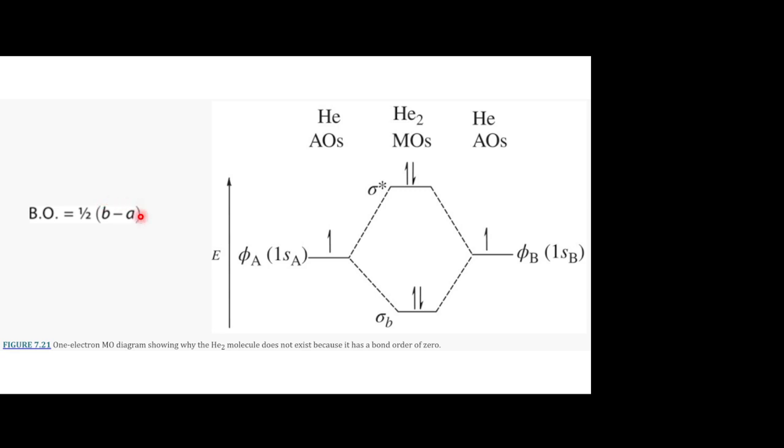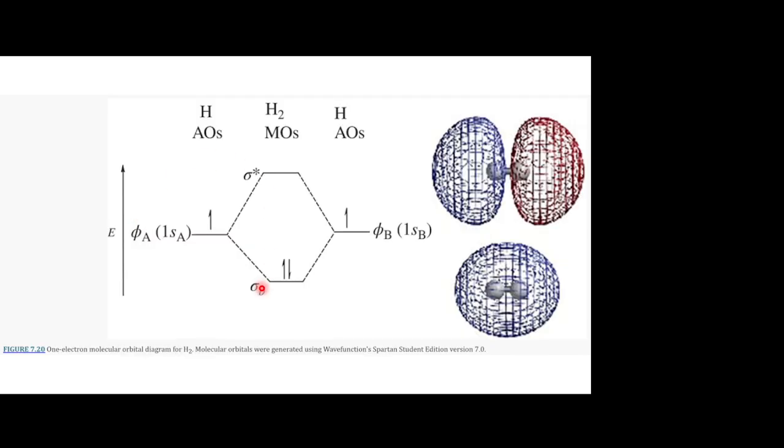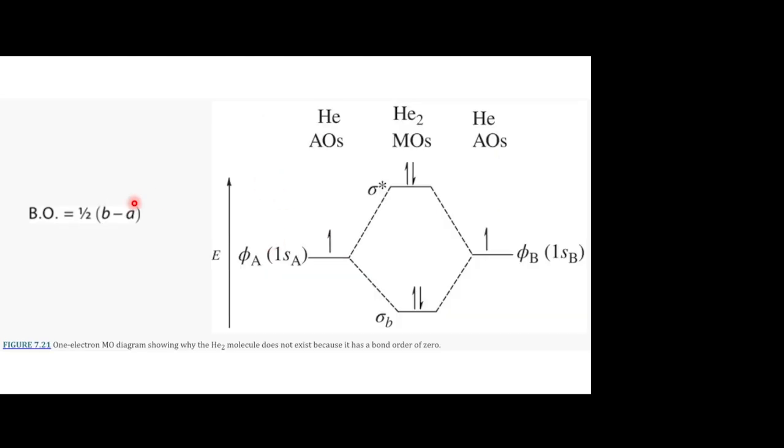Okay? So your bond order for this one right here is what? So that would be 2 minus 0, divide by 2, and that gives you 1 bond, right? Okay. This one here, 2 minus 2, 0, and so we don't bond, do we? Okay. So there's not actually bonding for this.